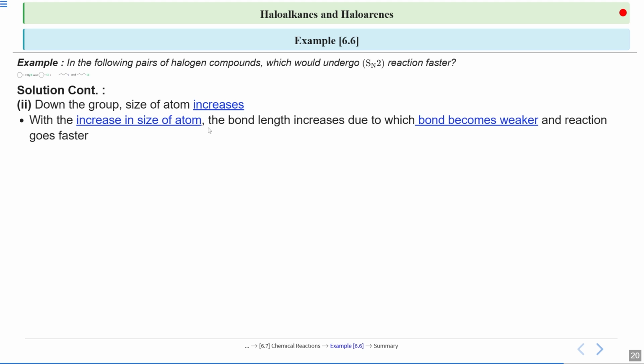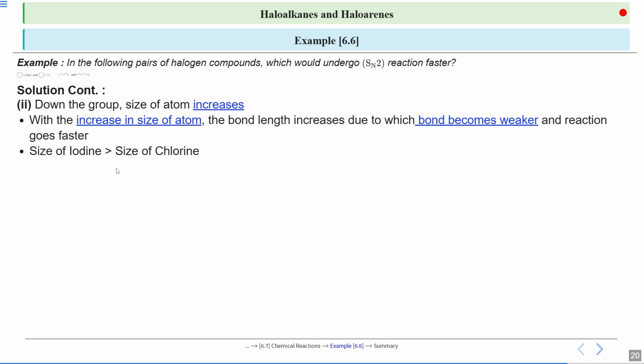And with the increase in the size of the atom, the bond length between the carbon and the halogen also increases, due to which the bond becomes weaker, and it will be easy to break the bond and the reaction will be faster, because replacing the chlorine or iodine by the nucleophile will be easier as the bond can easily break, right?